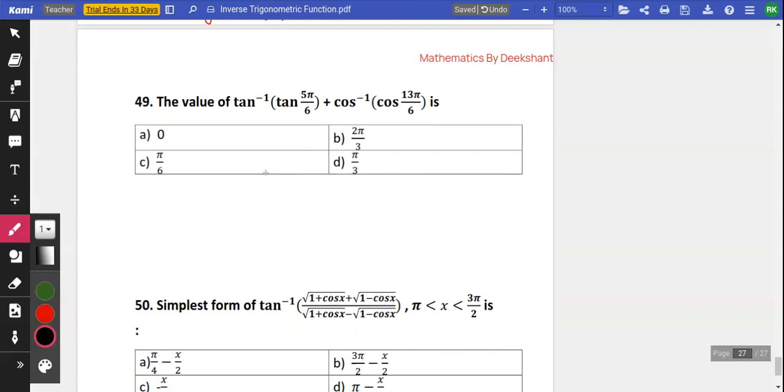Okay, basically tan inverse tan x is equal to x only when x belongs to minus pi by 2 to plus pi by 2. But 5 pi by 6 is not lying in the range of minus pi by 2 to plus pi by 2.